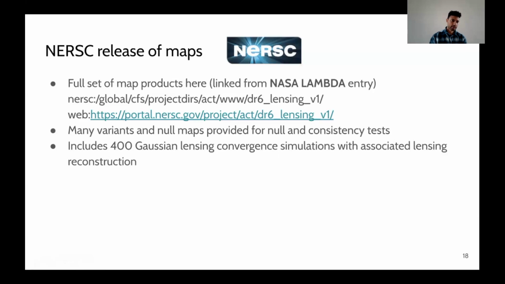The directory also includes a link to around 400 Gaussian lensing convergence simulations with associated lensing reconstructions. So these can be used to calculate a transfer function, as I'll talk about in a bit, and also to construct covariance matrices for your analysis.